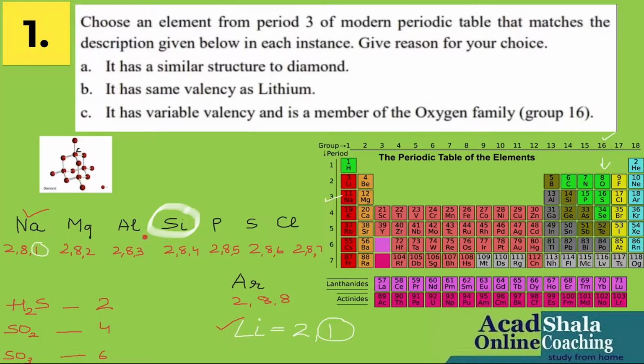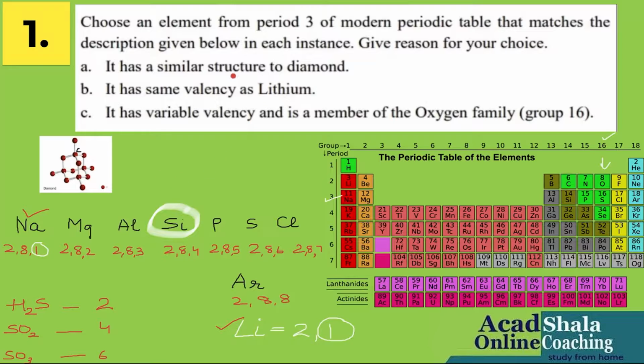Carbon has atomic number 6, its electronic configuration is 2, 4, and valence electrons 4. So that means it is surrounded by 4 covalent bonds.